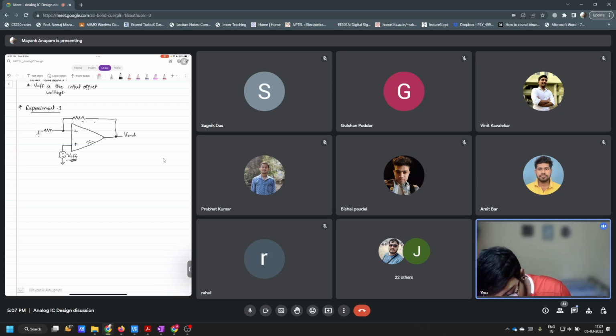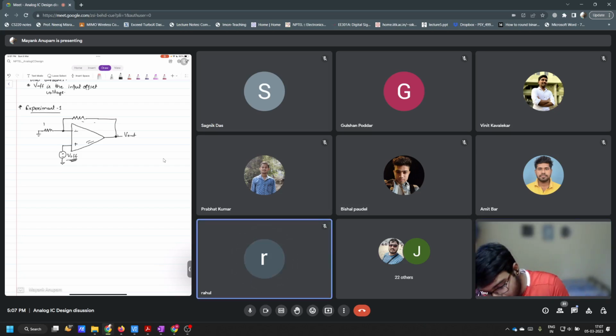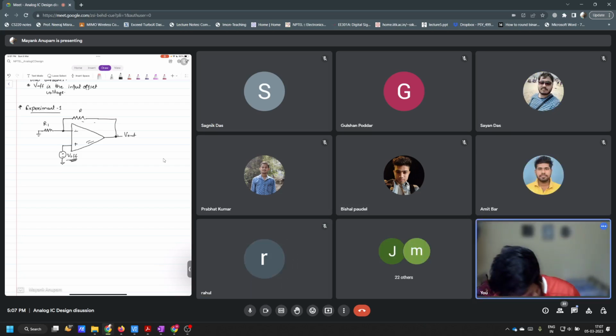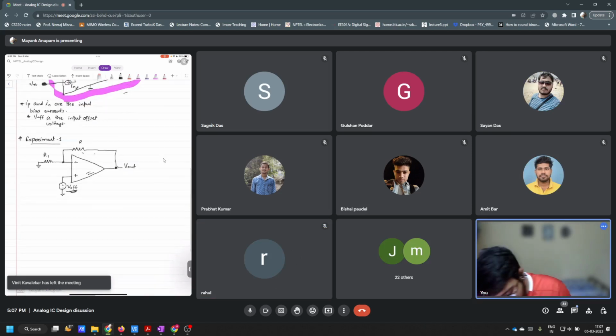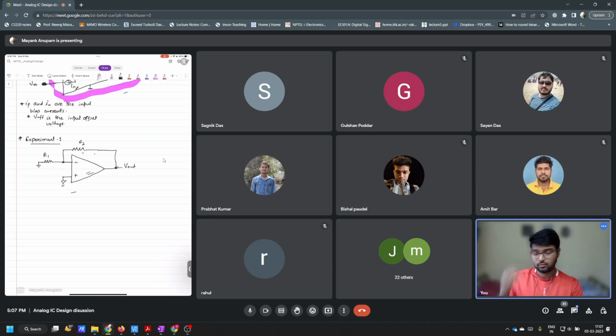You have this V offset, and anything that will appear at the output will be because of this V offset, right? Correct. If the V offset would not have been here, what would happen? If V offset was not there and you nullified this input voltage here, what will be the output voltage here? 0.